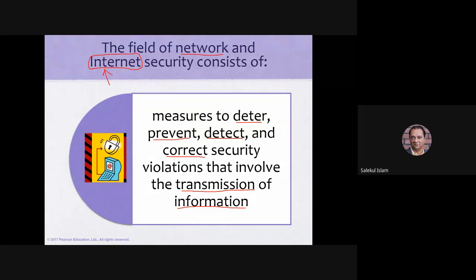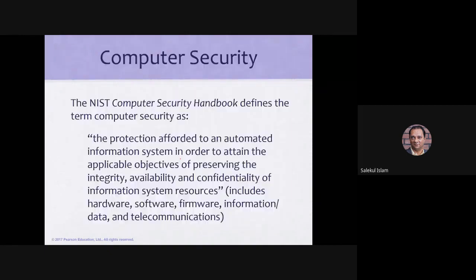So when we are transmitting some information, we will make sure that there will be no security violation, and we will take all the measures to deter, prevent, detect, and correct any kind of security violation. That's the idea of internet security or network security.